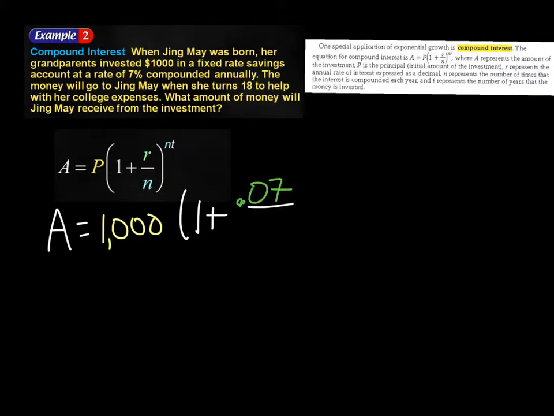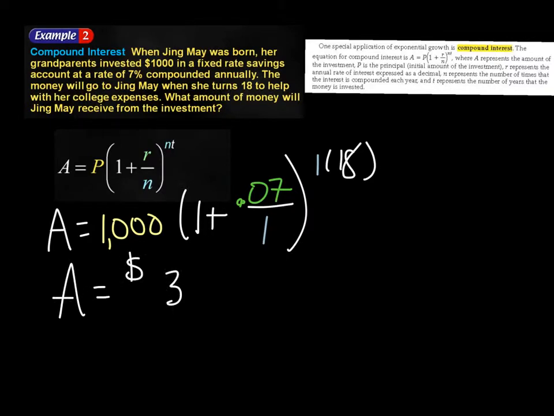It's compounded annually, so that's just going to be a 1, and then to the n times t, which is 1 times 18, since this is going to go on for 18 years. So the amount that she'll receive will be $3,379.93, rounding to the nearest penny, which makes sense with money.